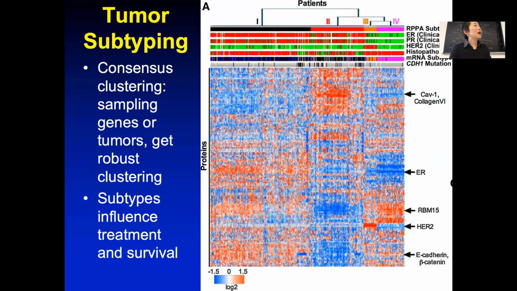But recently, we are starting to see molecular subtyping based on mutations, based on RNA expression or protein expression. And this is because depending on the subtypes, we are seeing quite a difference in the treatment options and patient survival information.